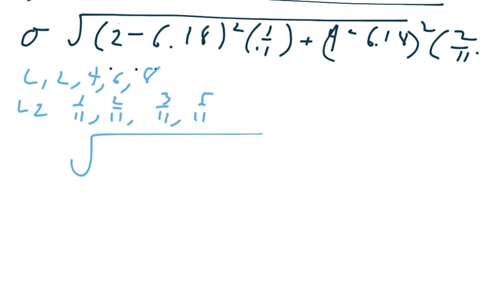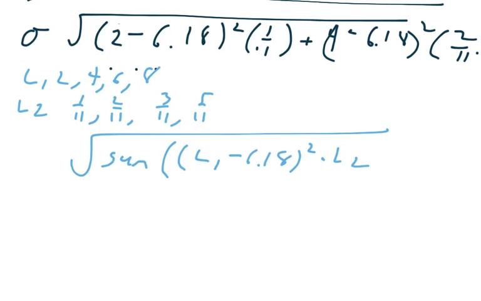We do the square root, the sum, another parenthesis, L1 minus 6.18 squared times L2, and whatever answer that gives me is the standard deviation. And it basically comes out to be 1.99 for my standard deviation.